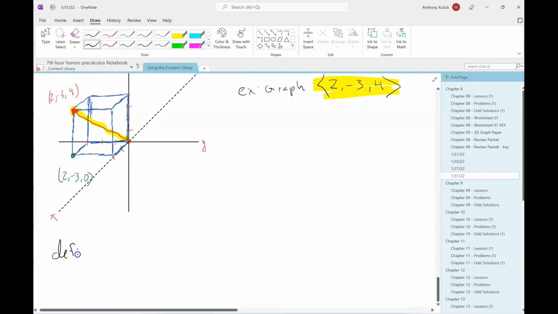So in 2 dimensions, if we have a 2-dimensional XY space, 2 things that you can do right away. You can define a distance between 2 points. So in 2-dimensional space, that distance formula was x1 minus x2 squared plus y1 minus y2 squared.